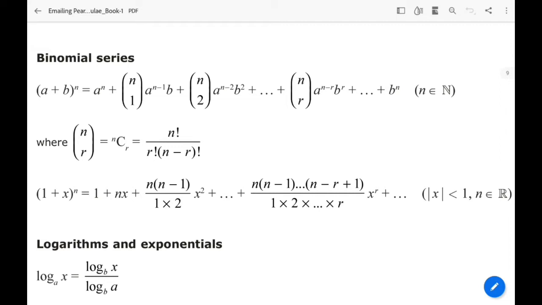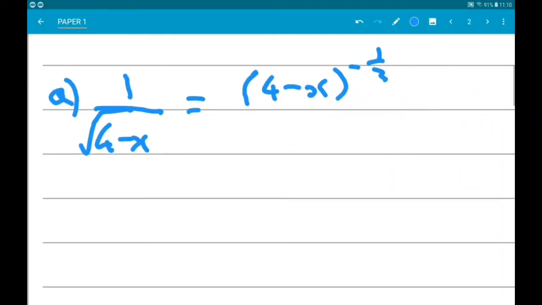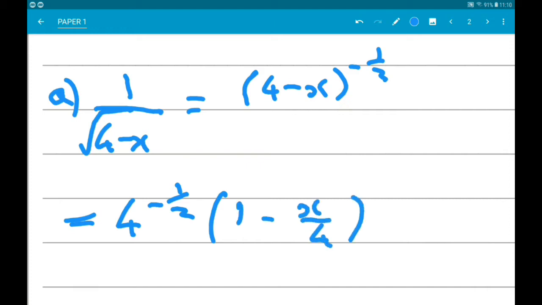So we're going to bring out this factor of 4 to the minus 1/2. So inside we then have 1 minus x over 4 to the minus 1/2.